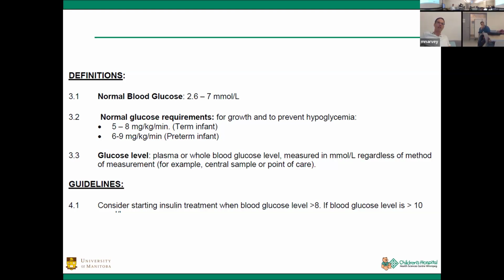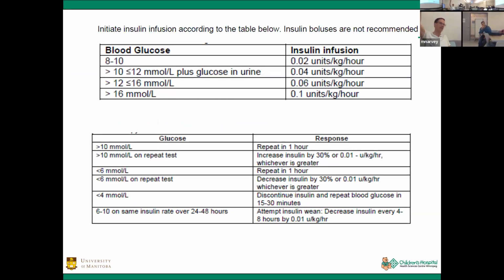Now, we consider starting insulin when the blood glucose level is greater than 8, and certainly if it's over 10. But here's the magic. This is what the order set at St. B is based on. It's based on having a suggested start for where your glucose is, and then a sliding scale, essentially.